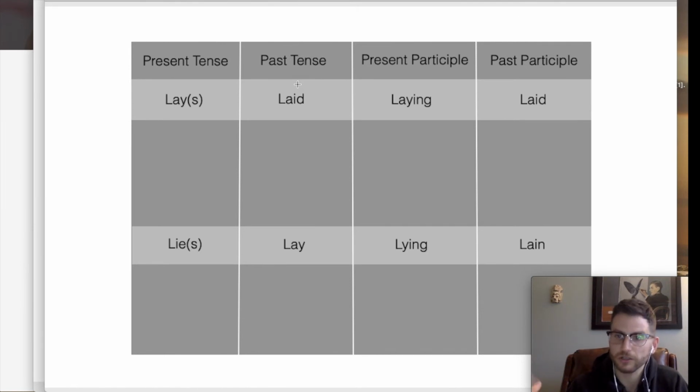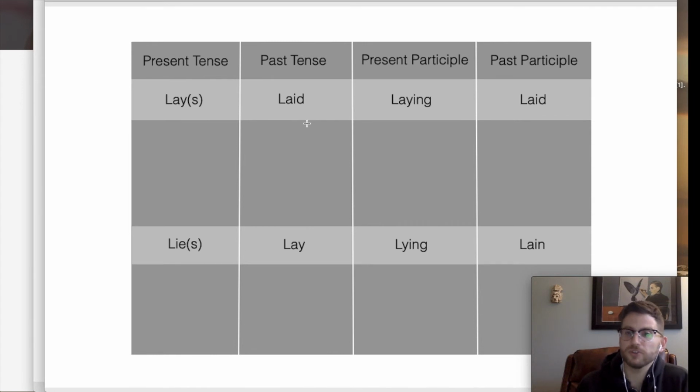Sometimes they're irregular, and if you want a whole video on that, on past tenses and past participles that are irregular, leave me a comment down in the comment section, and I can make a video on that. So that's the conjugation table for the transitive verb to lay.